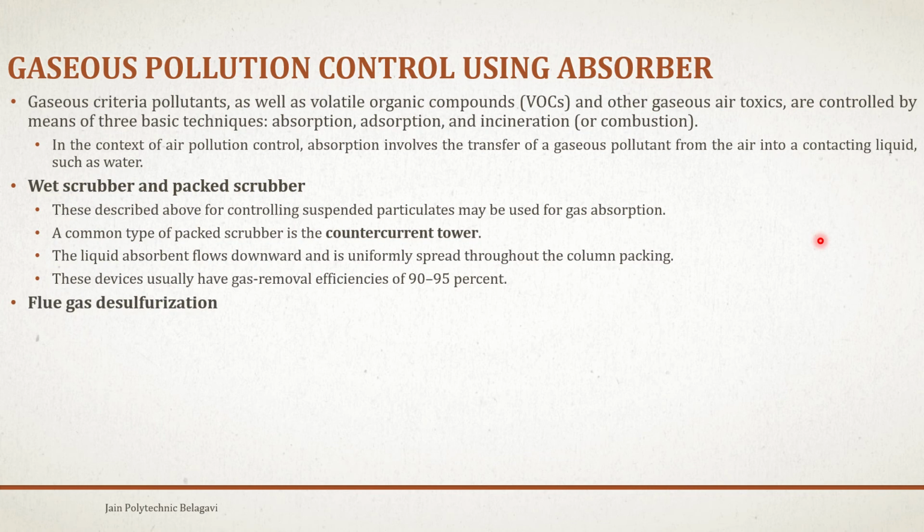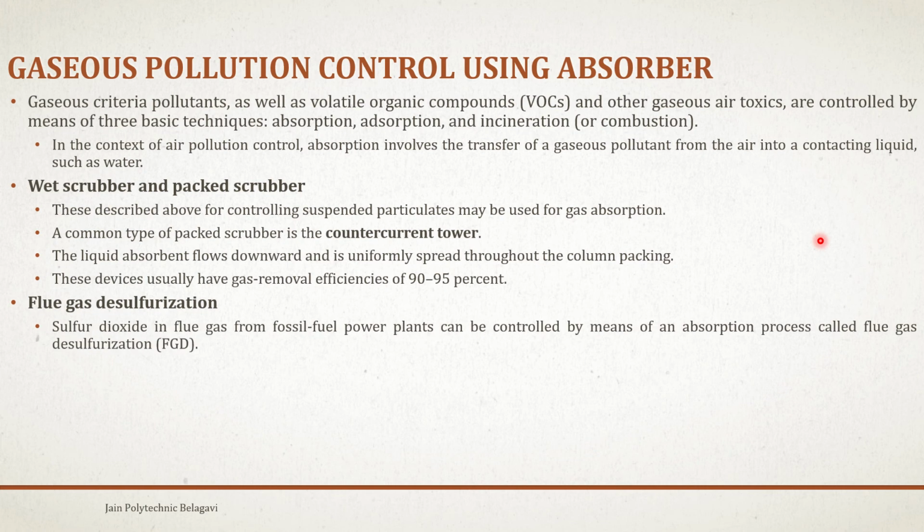We will go to flue gas desulfurization. The name itself says the flue, in the sense it is the bad gas which leads to some of the allergies and even leads to death. We use this instrument to desulfurize whatever the sulfur content which has been present in the air.